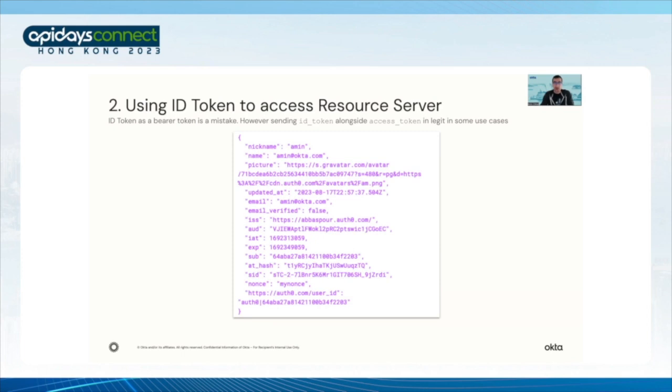ID tokens are issued for the relying party, unlike access tokens, and the audience is the relying party. Sending this as a bearer token is a mistake. But in some edge cases, you can complement an access token with an ID token.